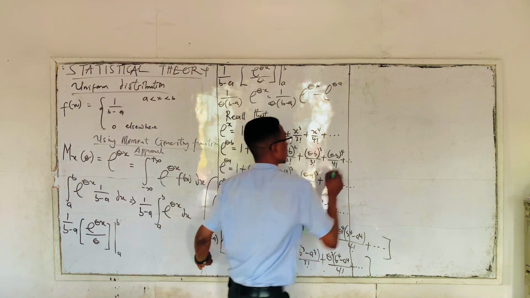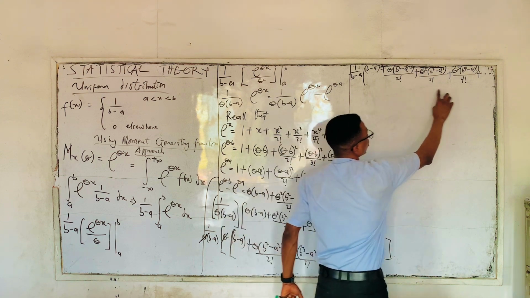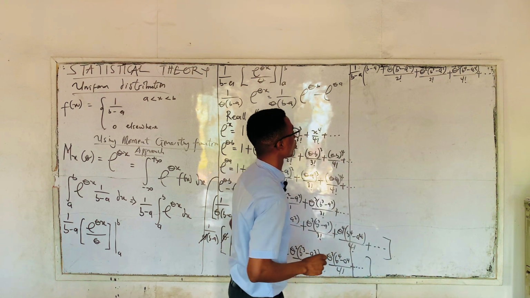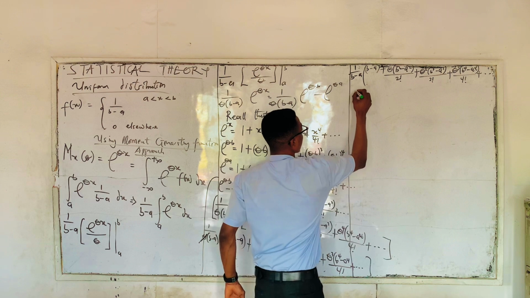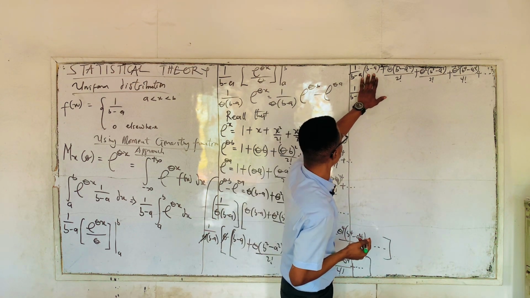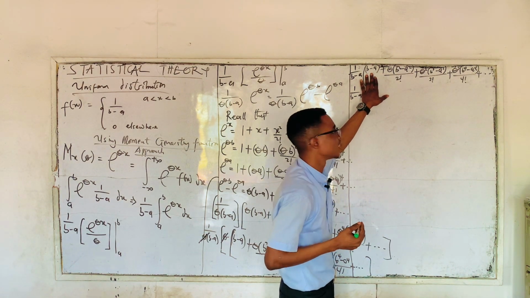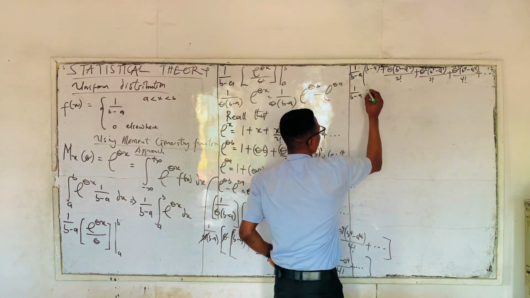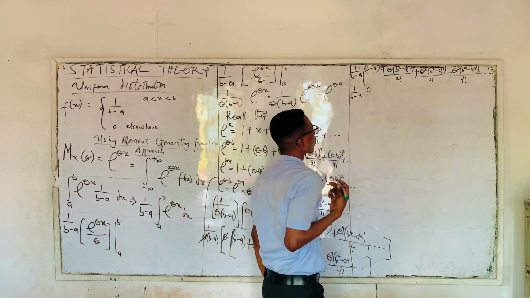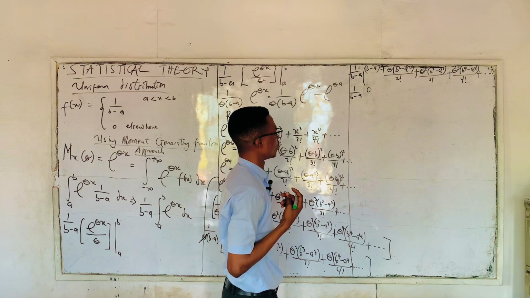Now we are left with what? We need to differentiate this expression with respect to theta. So we have 1 over b minus a. If you differentiate b minus a with respect to theta, it gives us what? 0. Because b minus a is not having any theta to differentiate with.